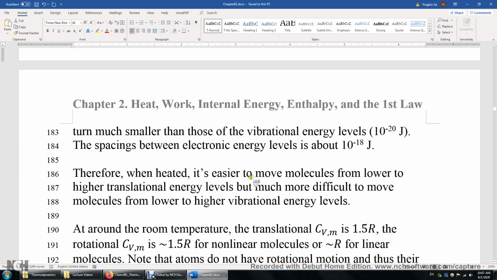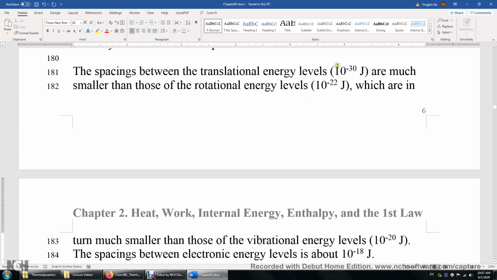When heated, it's easier to move molecules from the lower translational energy level to the higher translational energy level. Why? Because the energy spacing between translational energy levels is really small. It's roughly 10 to the power of negative 30 or even 10 to the power of negative 40 joules.